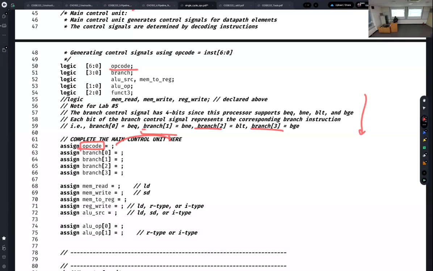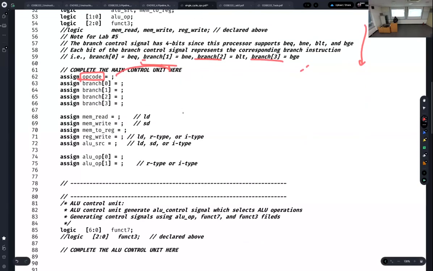Also you can find the control signals here, right? They are equivalent to the control signals we learned in the class. Those are outputs of the main control unit, such as MemRead and MemWrite. The names are identical to the names of the output signals of the control unit.